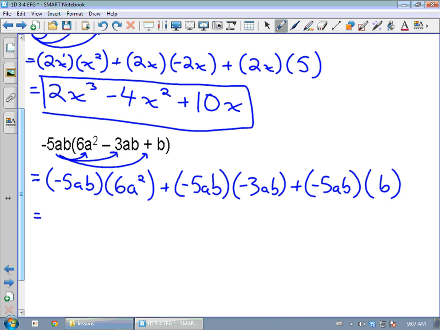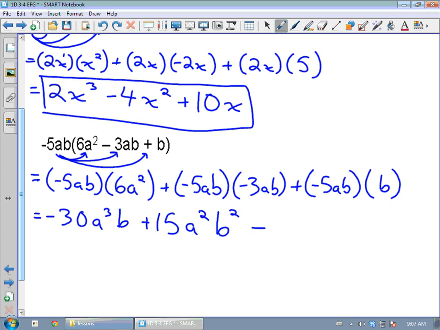Negative 5 times 6 gives me negative 30. A to the 1 times a squared is going to give me a cubed. I don't have anything that matches up with this b, so it's just a b. Negative 5 times negative 3 gives me positive 15. A times a squared. B times b, b squared. Just adding those exponents up.